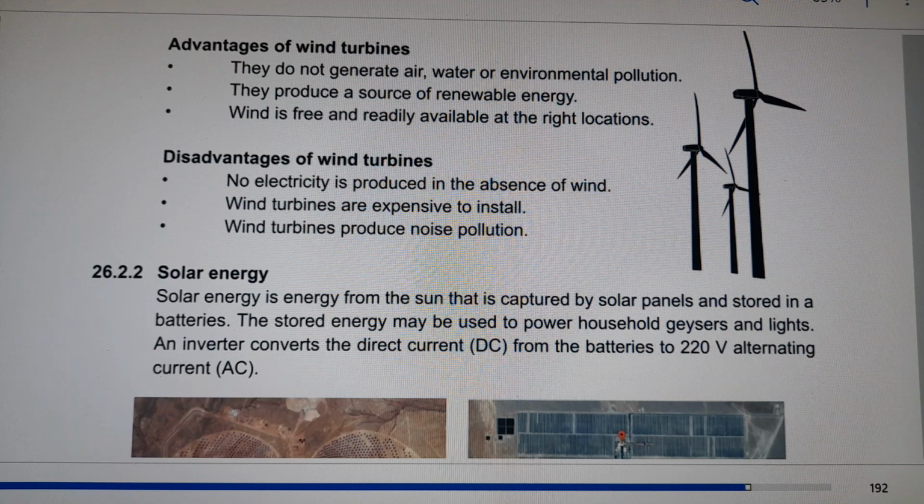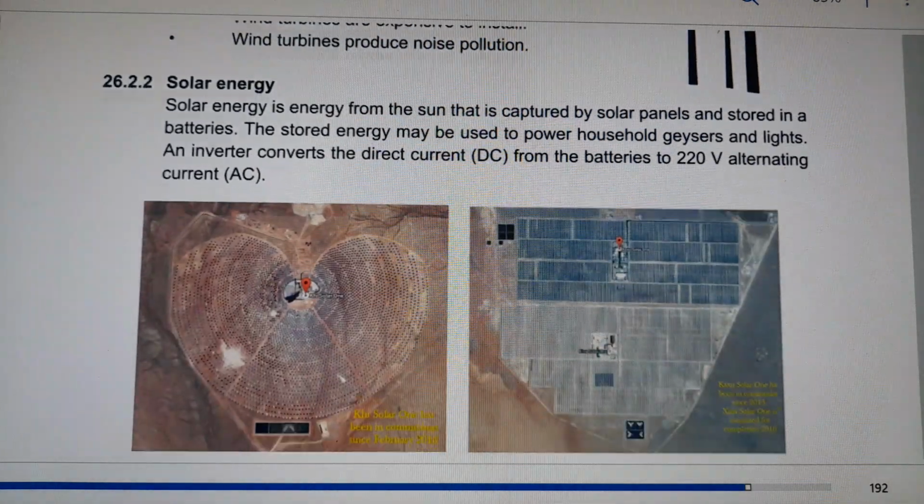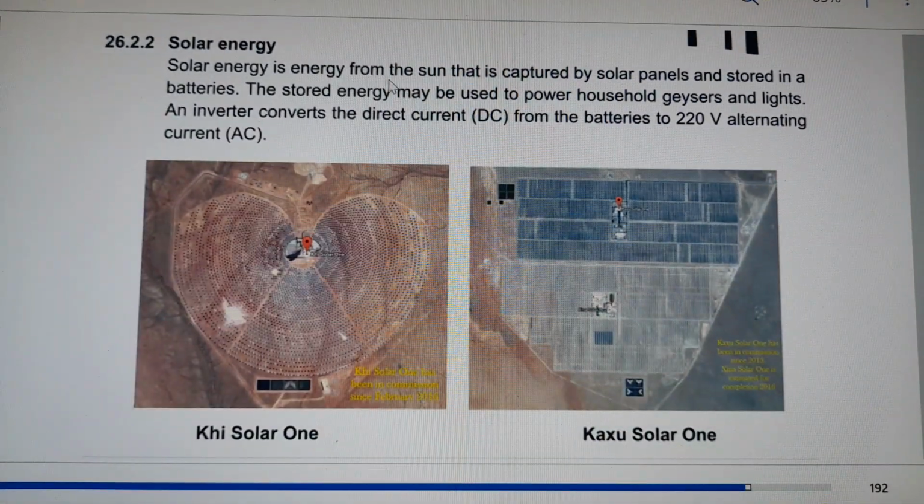And the other alternative is solar energy. Solar energy is the energy from the sun that is captured by solar panels and stored in batteries. The stored energy may be used to power household geysers and lights. An inverter converts the direct current from the batteries to alternating current that can be used.